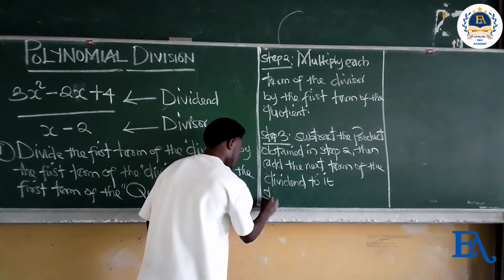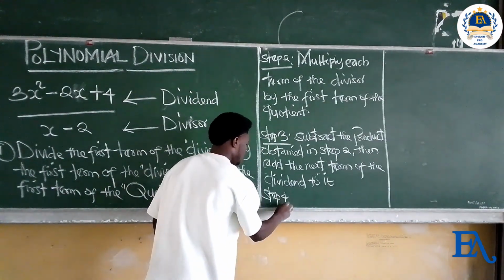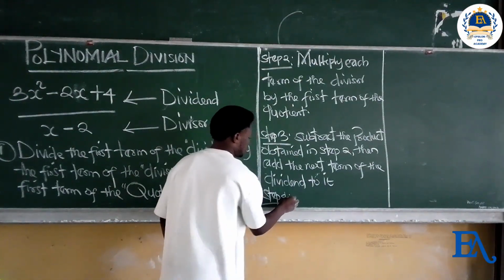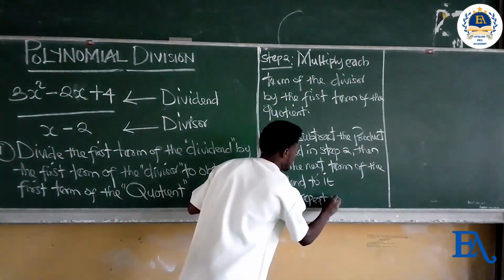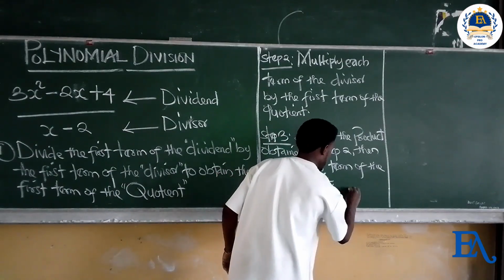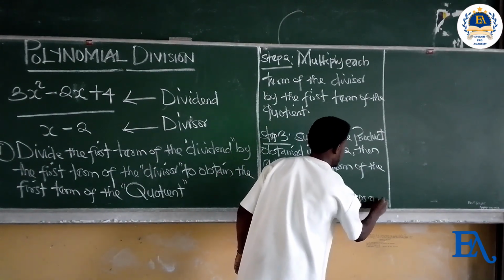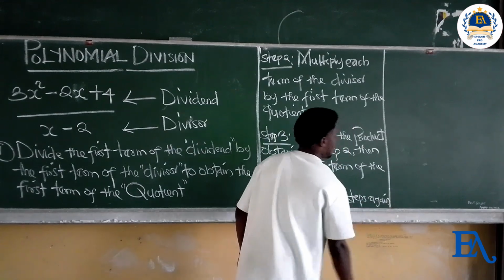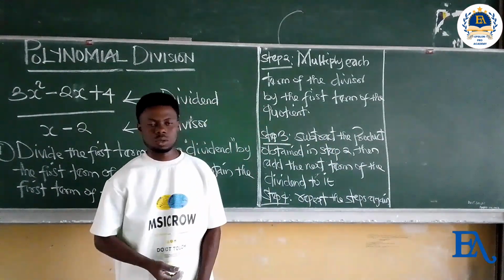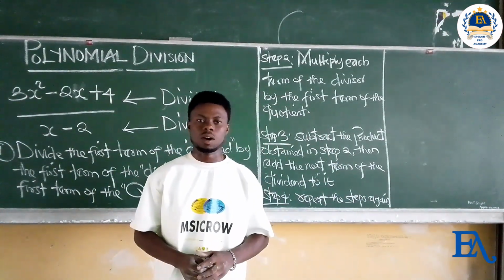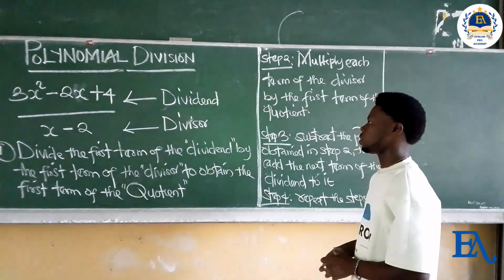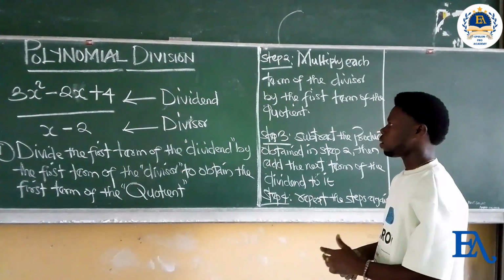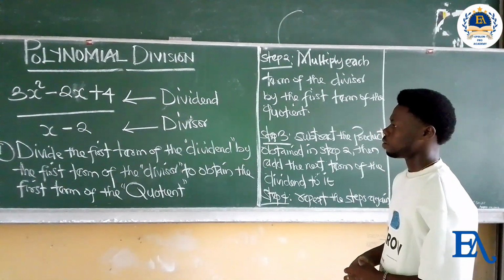And step 4, repeat the steps again. So we must pass through these 4 steps to avoid common mistakes. Let us consider the example on the board. 3x squared minus 2x plus 4, all divided by x minus 2.